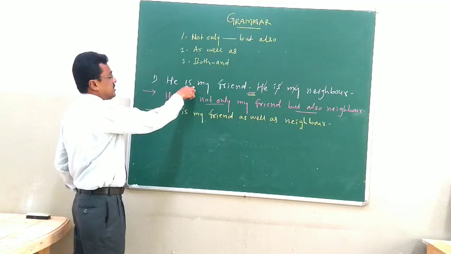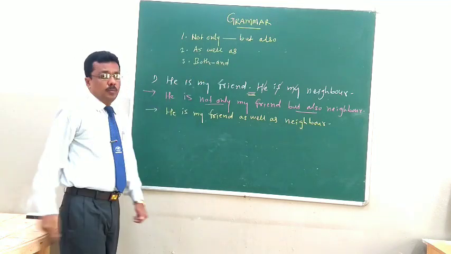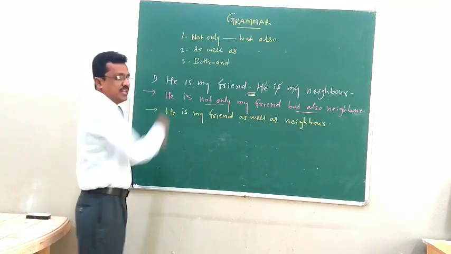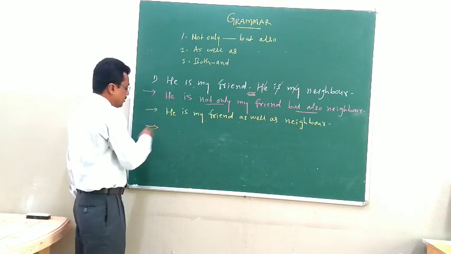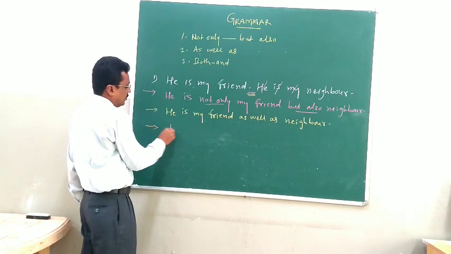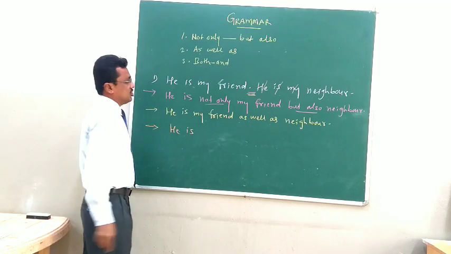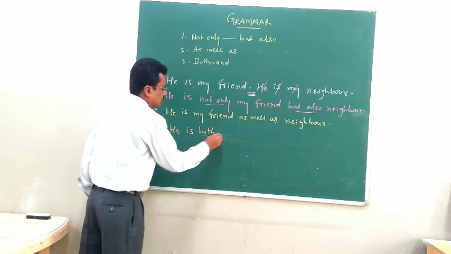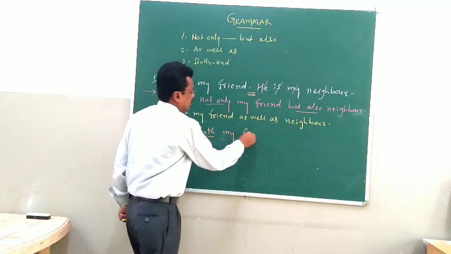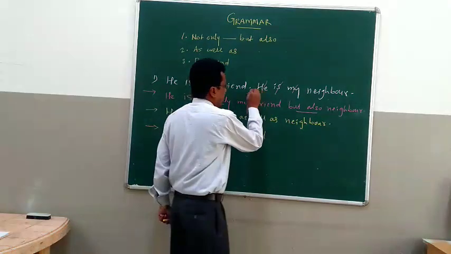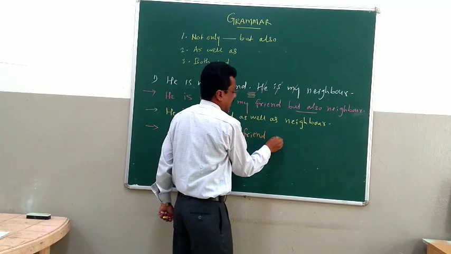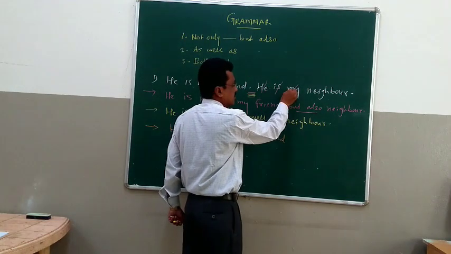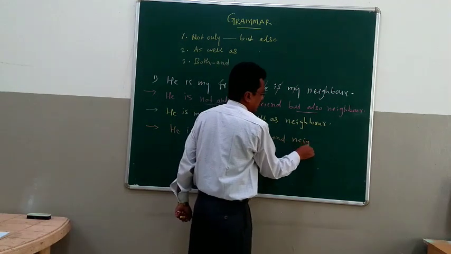Now, for the same sentence, we can use both and. For example, see here. He is both my friend, in place of the full stop, and the same words omit, neighbor.